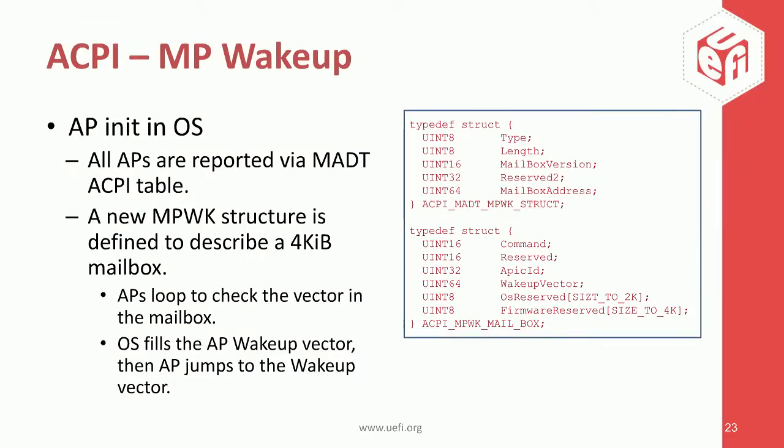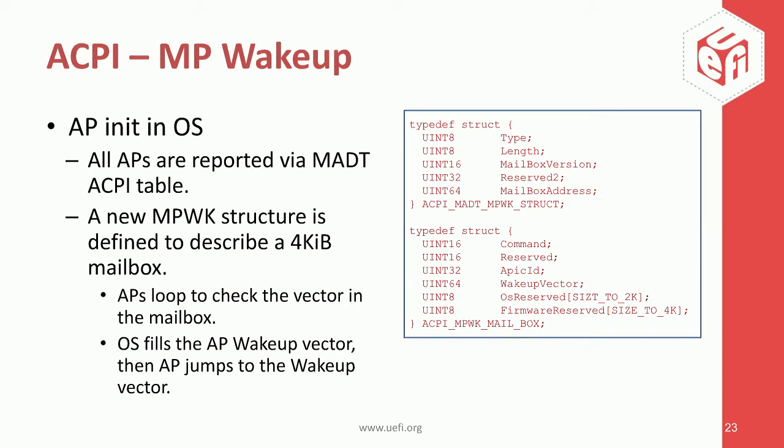The ACPI table in TDVF is similar to the one in OVMF. All CPUs are reported via the MADT ACPI table. However, since the TD cannot use any specific sequence to wake up the AP, we define something new. A new multiprocessor wake-up structure in MADT is defined to describe a 4K byte mailbox. The TDVF allocates the mailbox structure and reports the mailbox to the operating system.